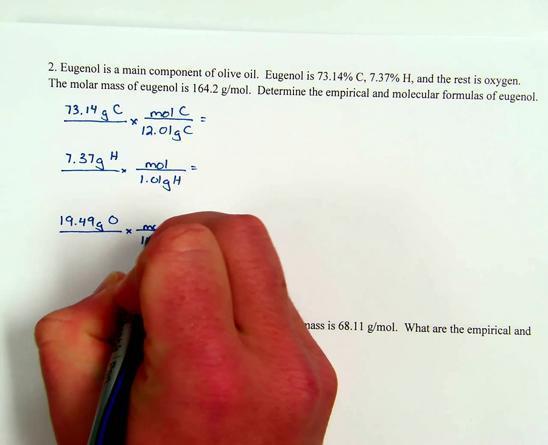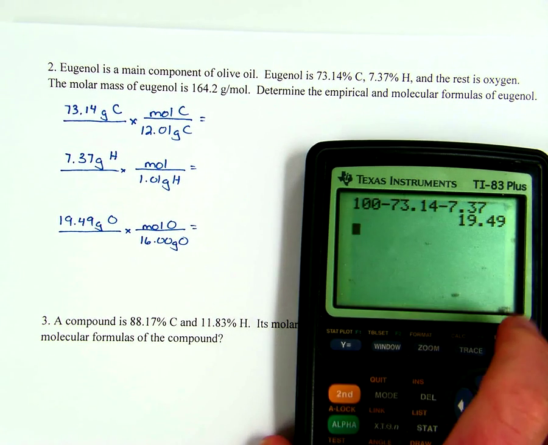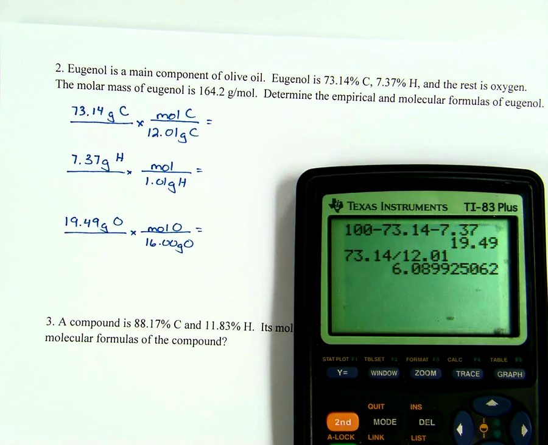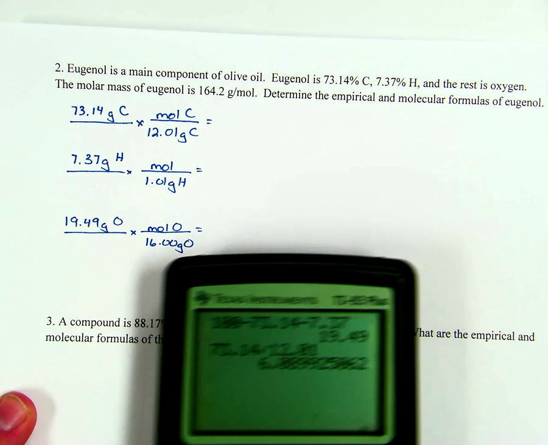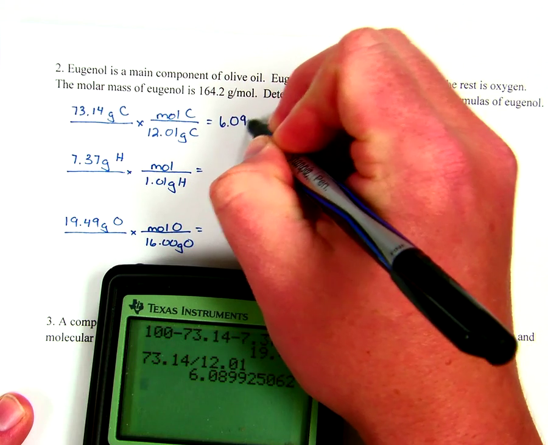Alright, so just do these calculations here real quick. For carbon, that would give us 6.090 to 4 sig figs. 6.090 moles of carbon.